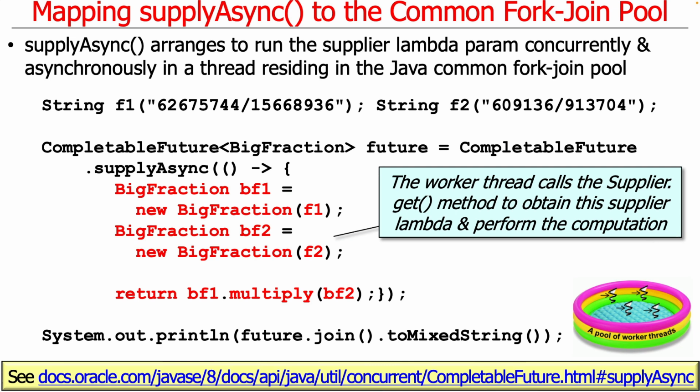This supplier lambda, as we will see momentarily, is passed down through a couple of internal calls, and it ends up getting queued in the calling worker thread's work queue, or double-ended queue, deque. Then ultimately one of the worker threads in the pool, either the one it was called from or someone who stole it, will call the get method on this supplier lambda in a totally different thread context to obtain the result and perform the computation that it embodies. So that's what's going to happen here. We'll take a look at that.